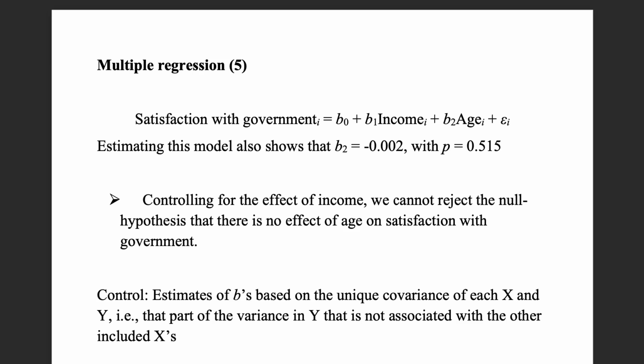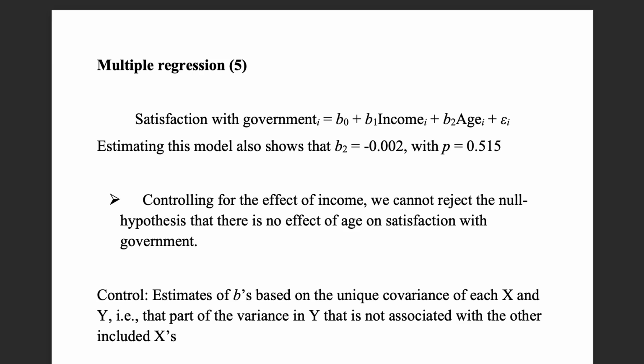So more simply put, those differences in income between people that we observe that go together with differences in satisfaction with government, but have absolutely nothing to do with differences in age. That's basically the layman's interpretation of that. So basically it is looking at the covariance that we have between all our variables, and then just basing our regression coefficients on the unique bits of covariance that we find.